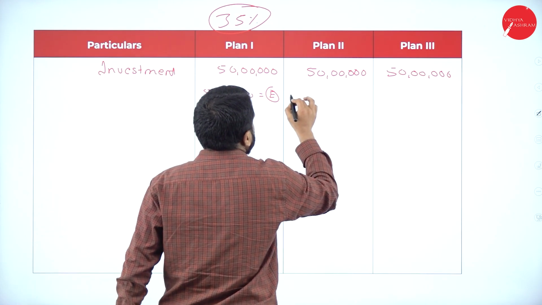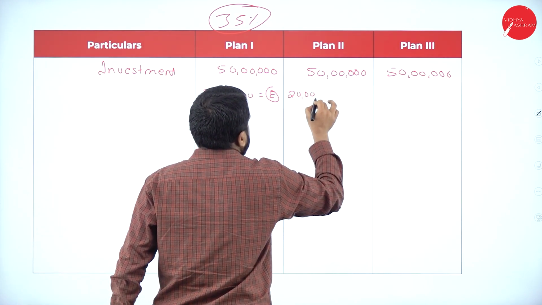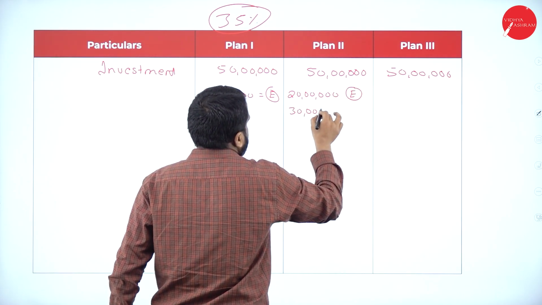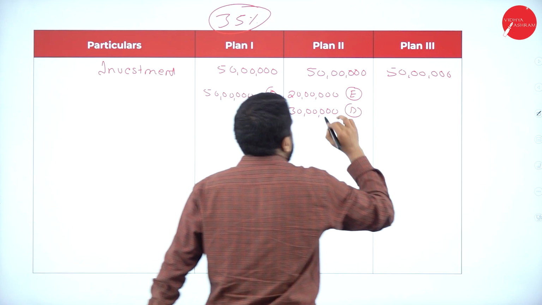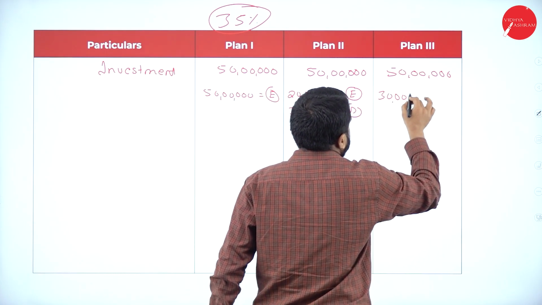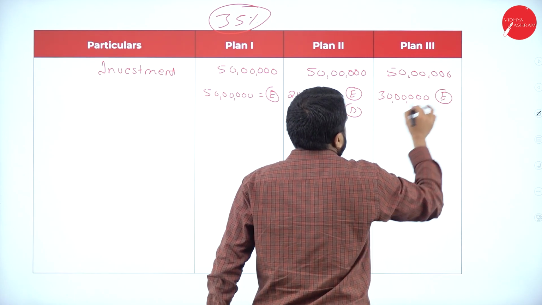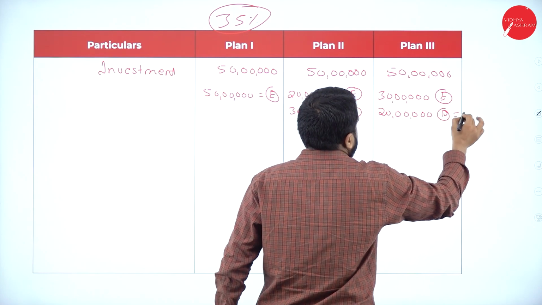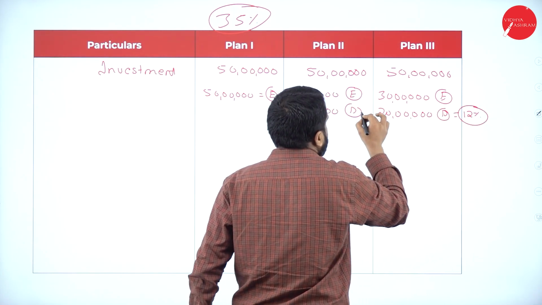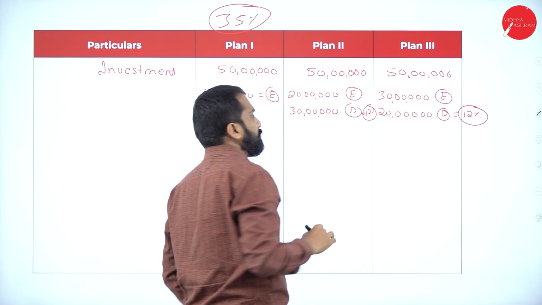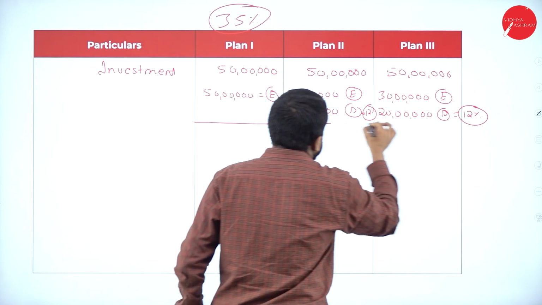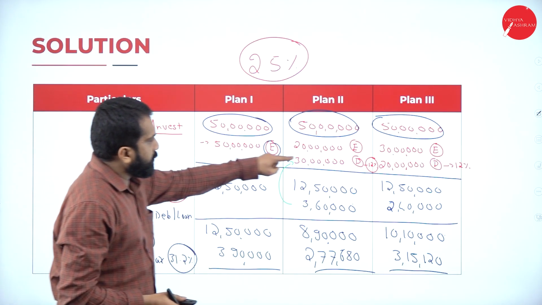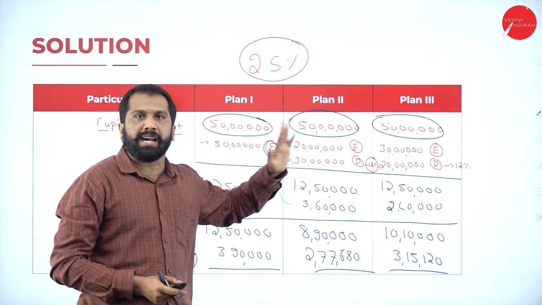Second option, 20 lakh equity and 30 lakh debenture. And the third option, 30 lakh equity and 20 lakh debenture. And the rate of interest is 12% as it is. No changes up to this. See your previous one. Whatever we have done, exactly we have copied and pasted.